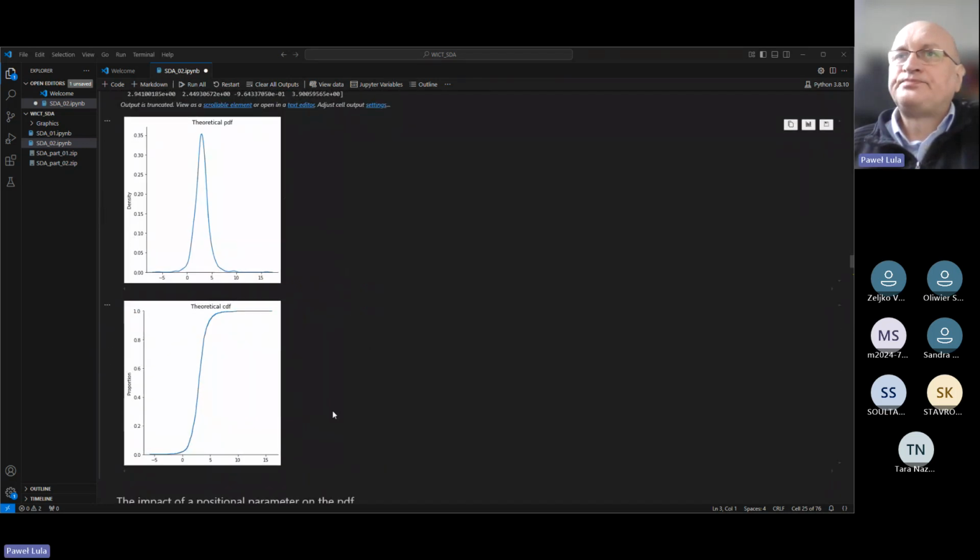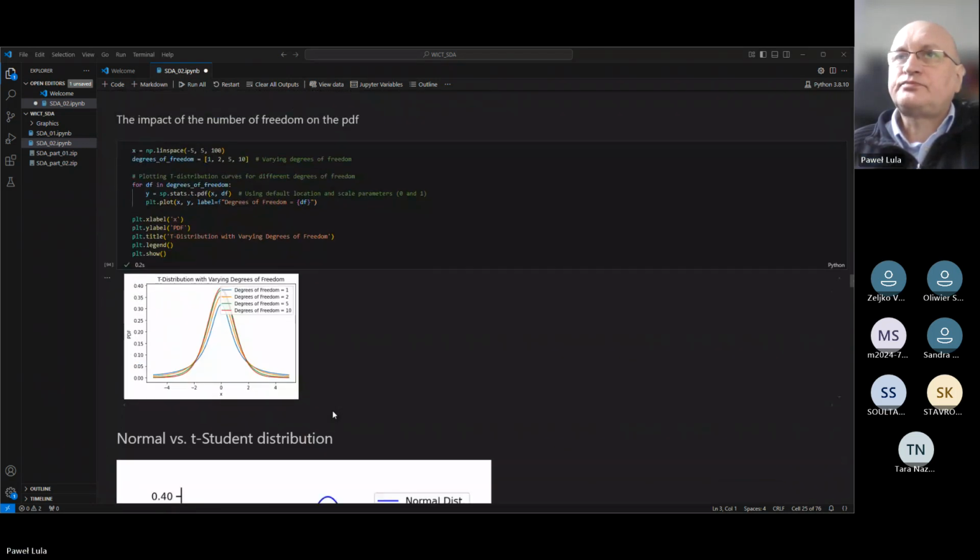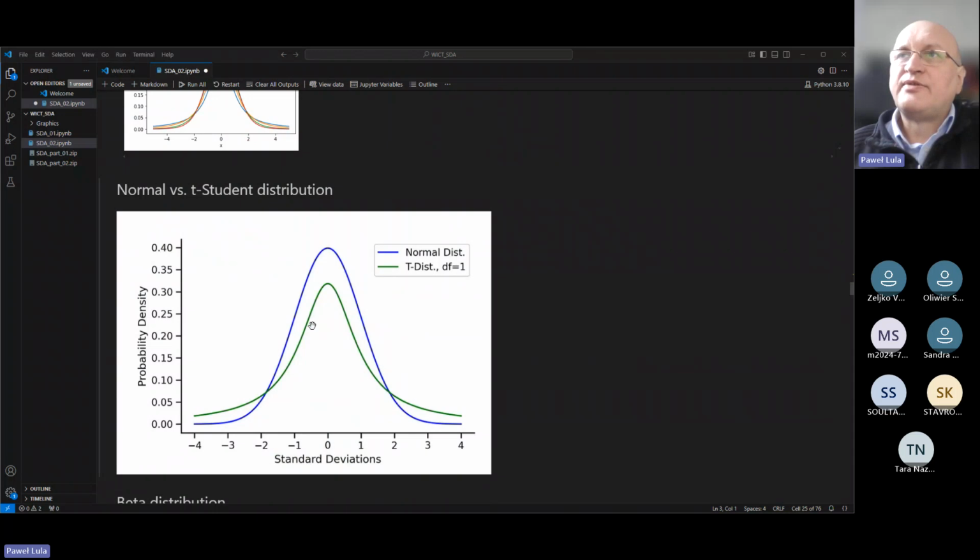I have here the comparison. Here you see this picture with comparison of t-student and normal distribution. Normal distribution, it is blue. T-student distribution, green.